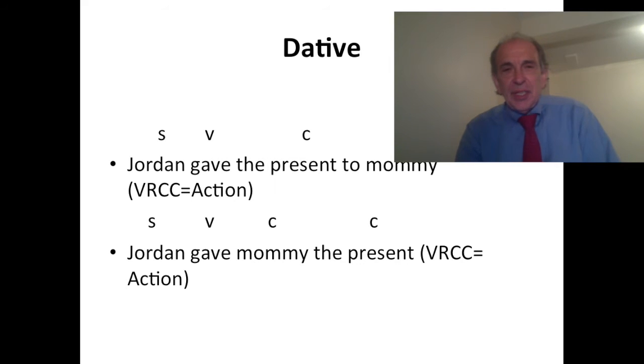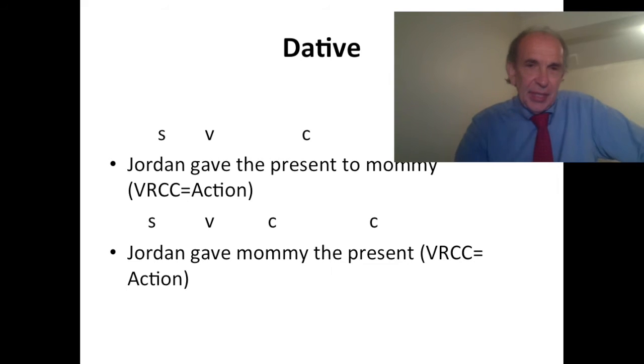Now, SVC, when mommy goes close to the verb, the sentence really has two noun complements there. Jordan is subject, gave is verb, mommy is one of the complements, and the present is the second one. Still, I will suggest that we call that sentence the verb relation content category in both cases, including the second case.